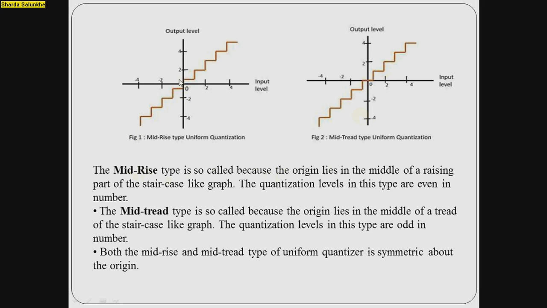Mid-rise is so called because the origin lies in the middle of the rising part of the staircase-like graph. That's why this is called the mid-rise type of quantization, and the quantization levels in this type are even in number. Mid-tread type of quantization is so called because the origin lies in the middle of the tread of the staircase, and the levels in this type of quantization are odd. Both mid-tread and mid-rise types of uniform quantizer are symmetric about the origin.